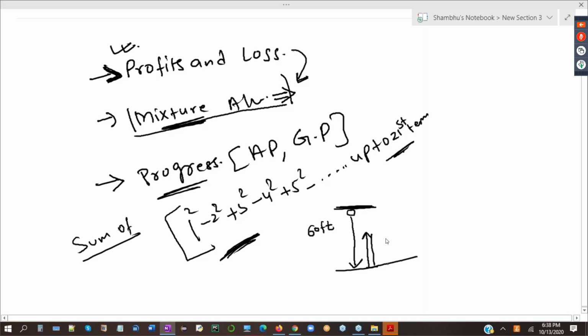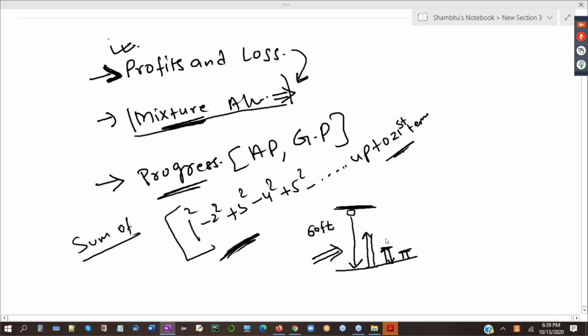The questions asked: at the third fall, what is the total distance traveled by it? At the fourth fall? What is the total distance traveled before it comes to rest? This question is based on a geometric progression.